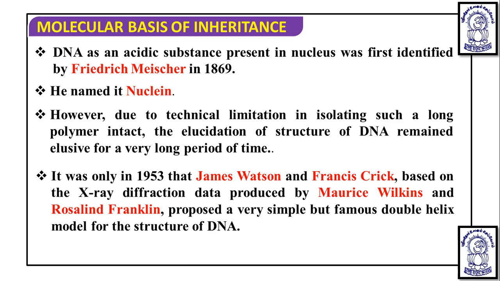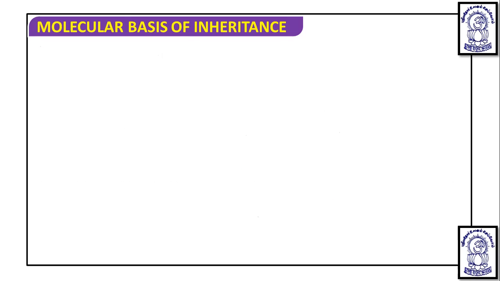Dear student, the initial data for the double helical model was X-ray diffraction data. Some images were produced by Rosalind Franklin and Maurice Wilkins, and by using the photographs of this X-ray crystallographic data, James Watson and Francis Crick gave this famous structural model of DNA.